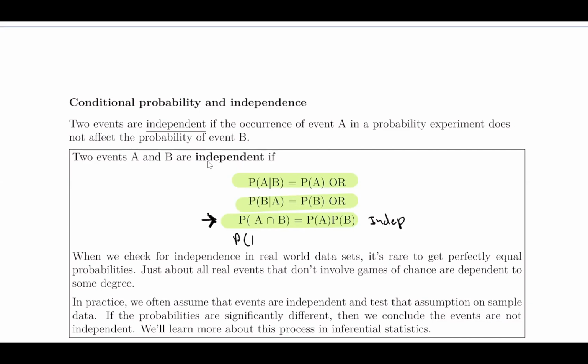But if the probability of A and B is not equal to the probability of A times the probability of B, we say they're dependent events. That's how we mathematically show whether two events are independent or dependent.